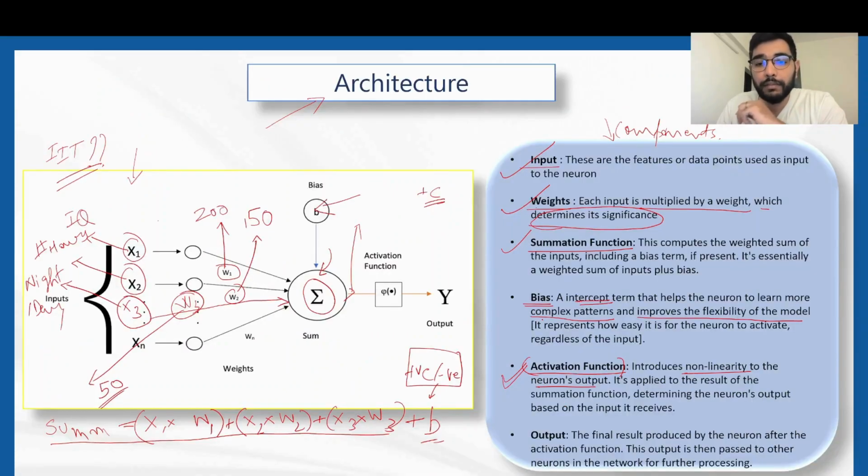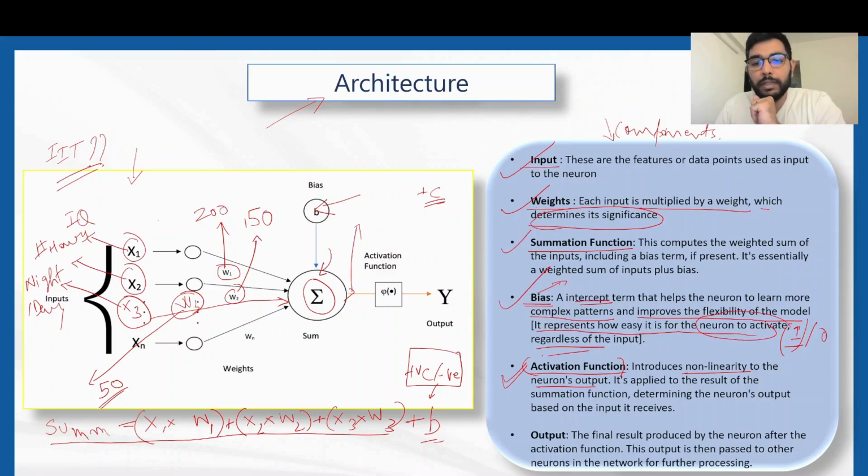So this is what we meant by a bias. It represents how easy it is for the neuron to activate, as in 1, and non-activation means 0. If the bias term is high, it will help the neuron to activate or fire regardless of the input.